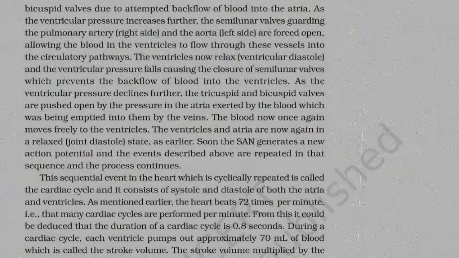As mentioned earlier, the heart beats 72 times per minute. That is, that many cardiac cycles are performed per minute. From this, it could be deduced that the duration of a cardiac cycle is 0.8 seconds. During a cardiac cycle, each ventricle pumps out approximately 70 milliliters of blood, which is called the stroke volume.